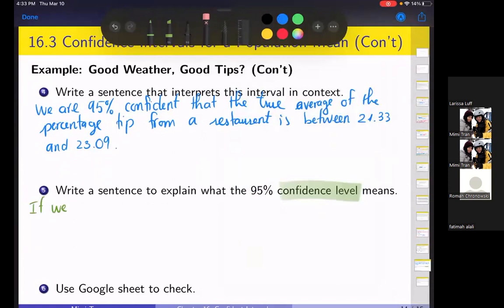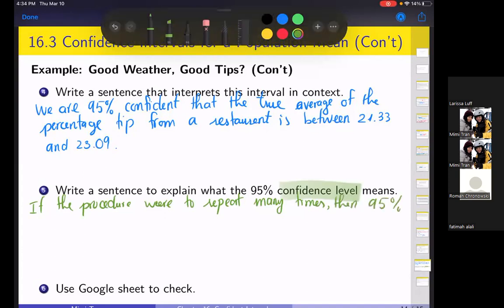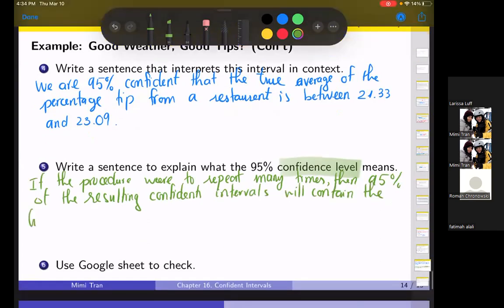If the procedure was repeated many times over and over again, then 95% of the resulting confidence intervals will contain the true average.